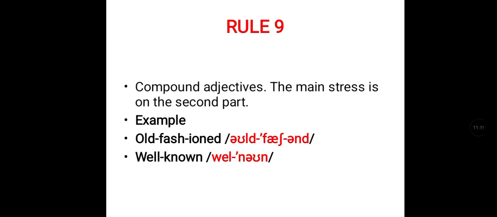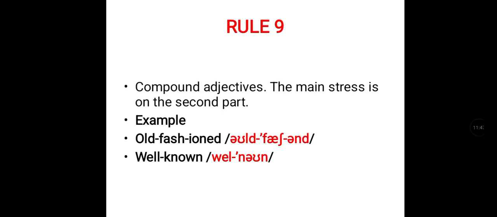And rule number 9, compound adjectives. The main stress is on the second part of the word. Examples include old-fashioned, well-known. So remember that when you're dealing with compound adjectives, the main stress is usually on the second part of the word.